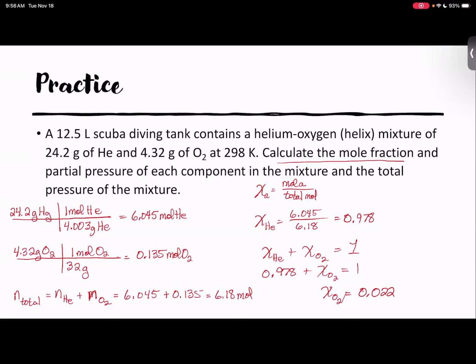So I had to get those pieces of information, which is what I did on the left-hand side of the screen. Now I need to calculate the partial pressure of each component.